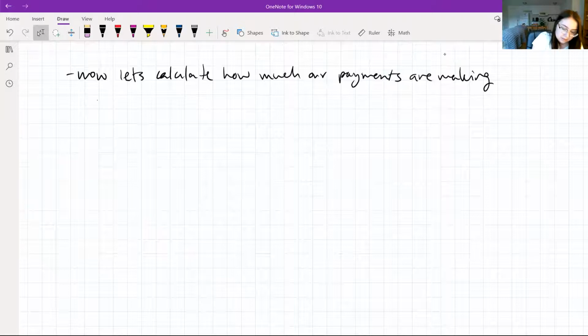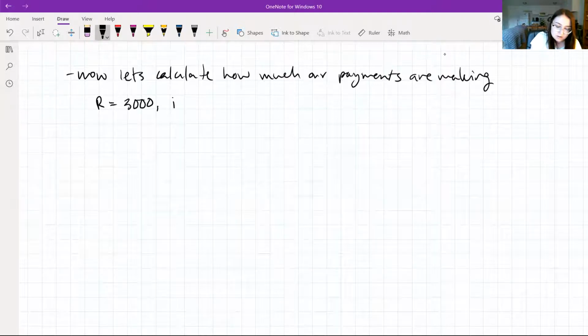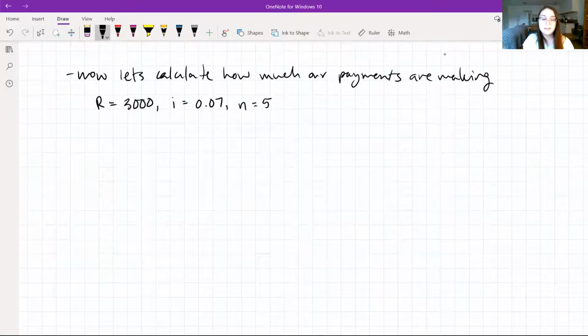So we know our payments are going to be $3,000. Our interest rate is 0.07, and our value of N is 5. So now we can calculate our future value of our annuity.